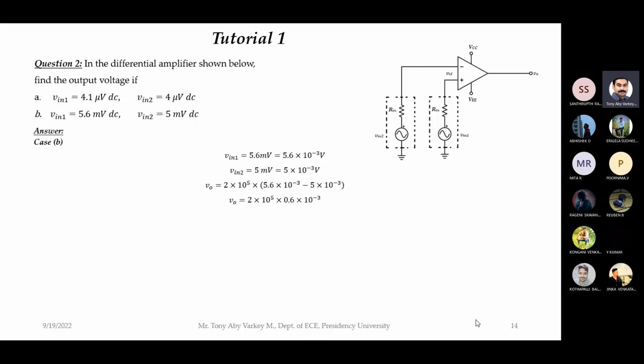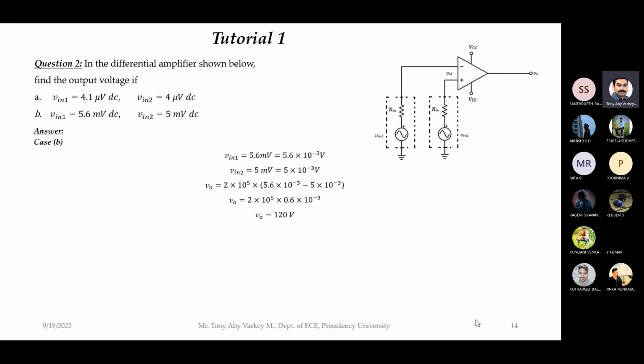It will be like this. So how much is this? How much will this be? 120.